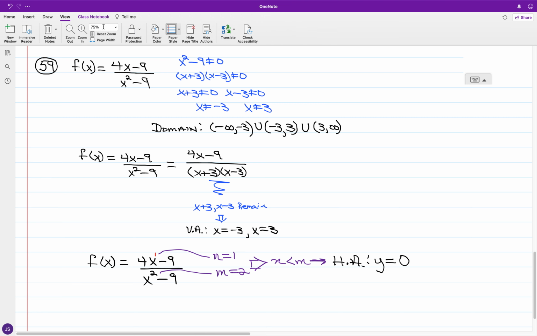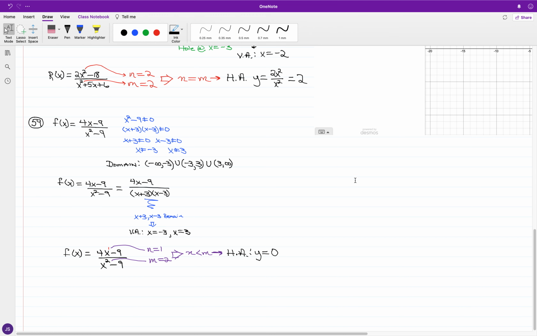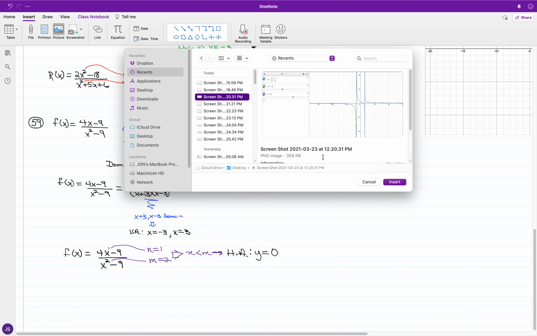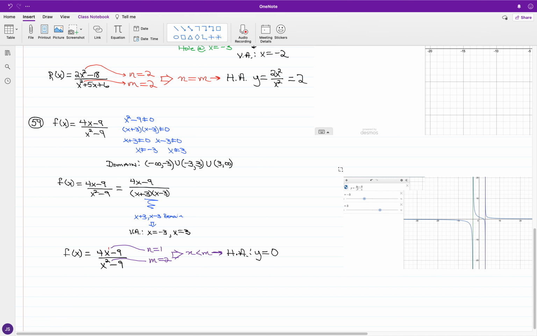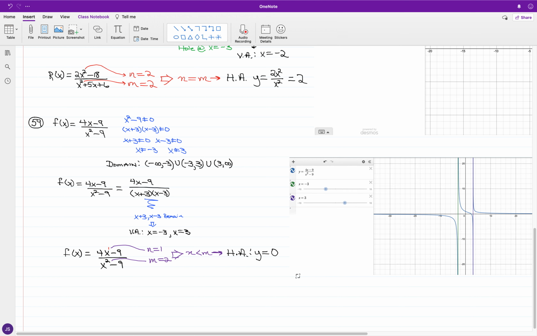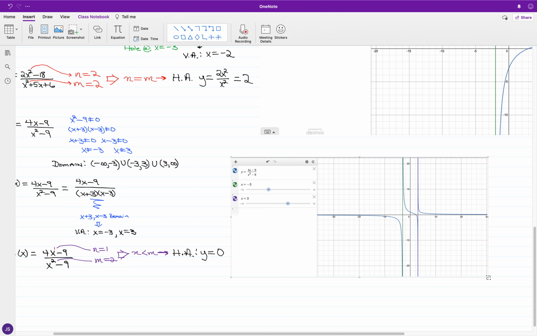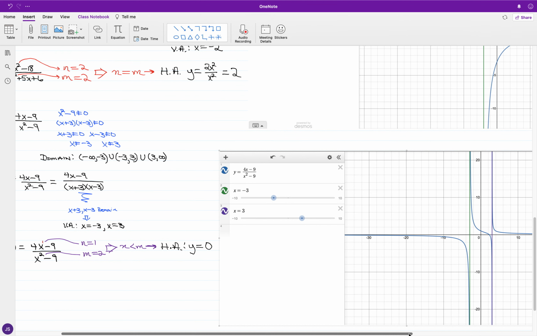And so among the settings, we have the illustration of 4x minus 9 over x squared minus 9.